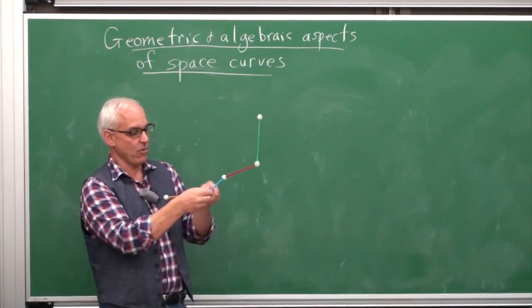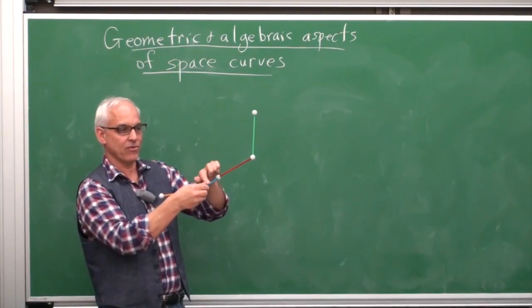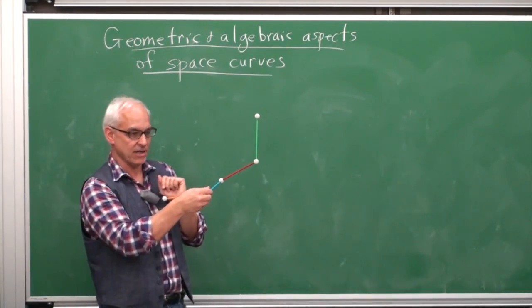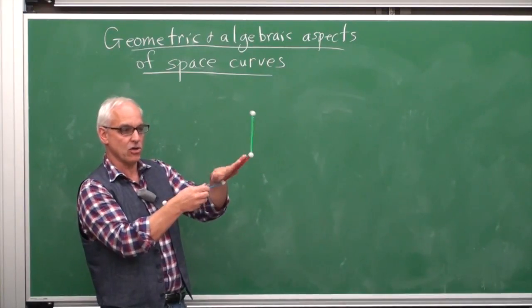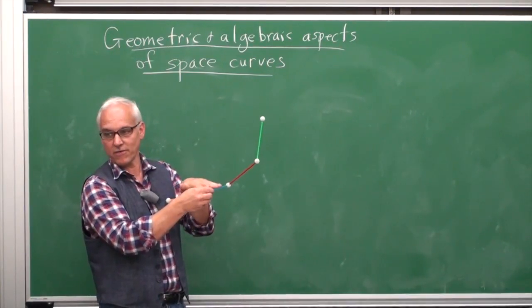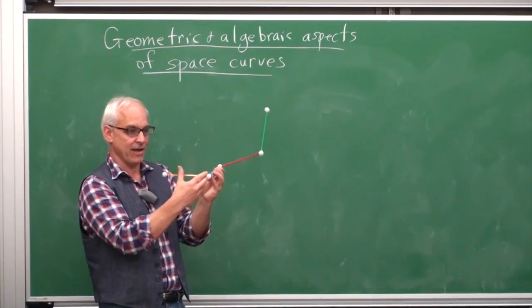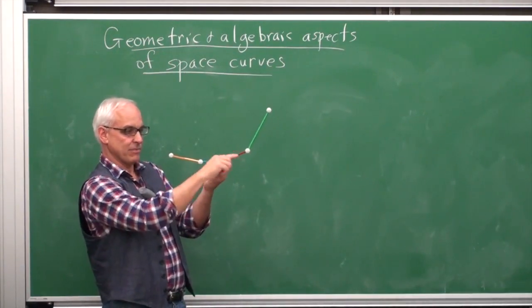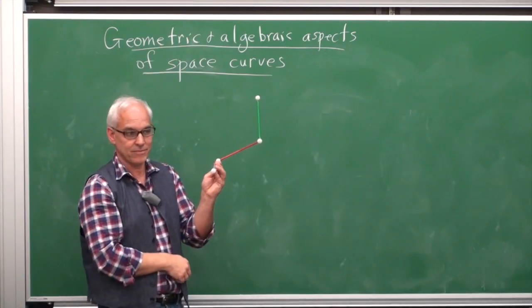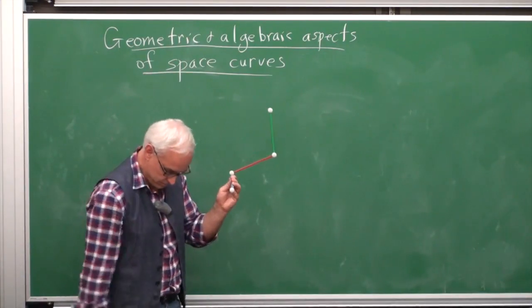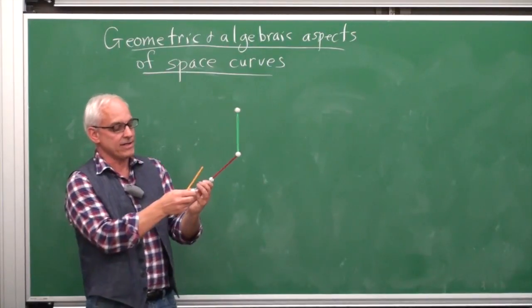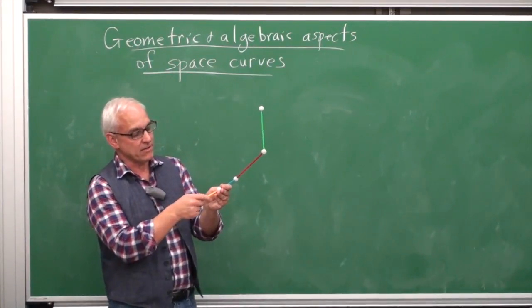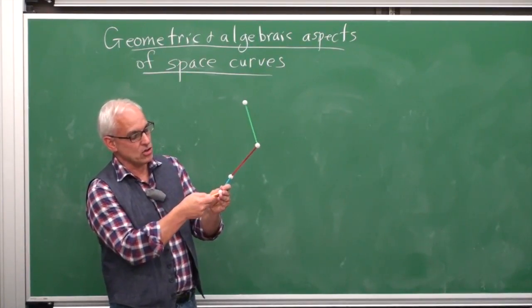We have to say, first of all, what the angle is between this edge and this edge. That's one of the things. But we also need to say how this new plane is oriented with respect to the first one. In other words, how much twisting we have to do to go from the plane that we're on to this plane with the red line. So there's a torsion angle that has to be specified at every edge.